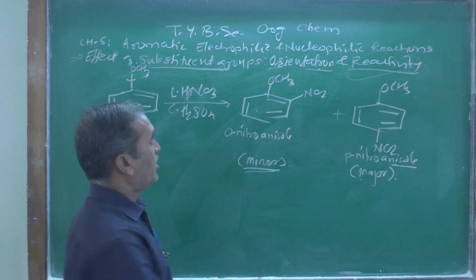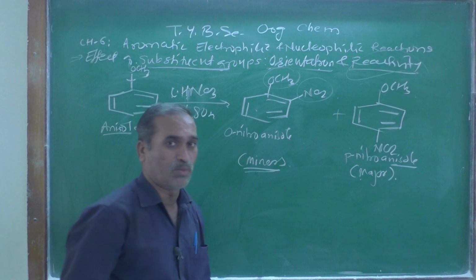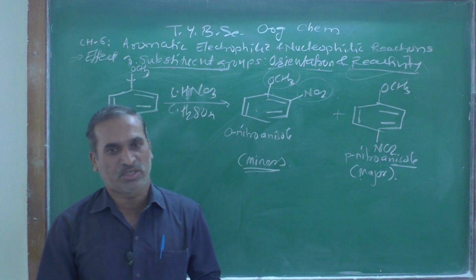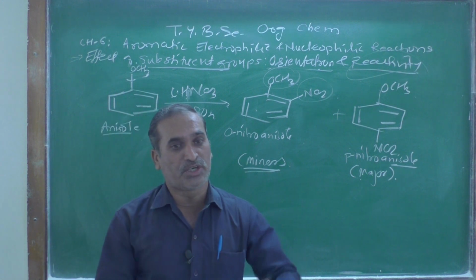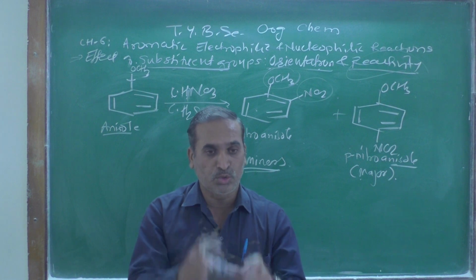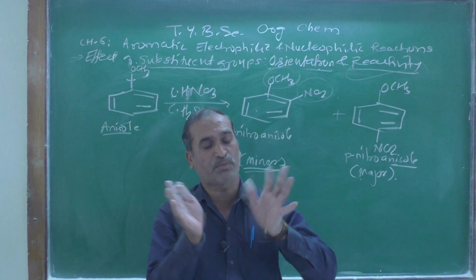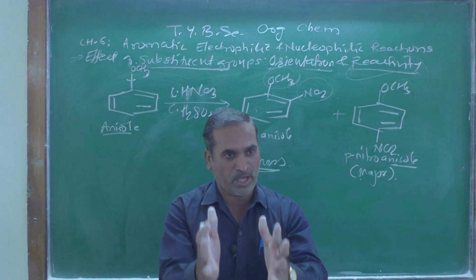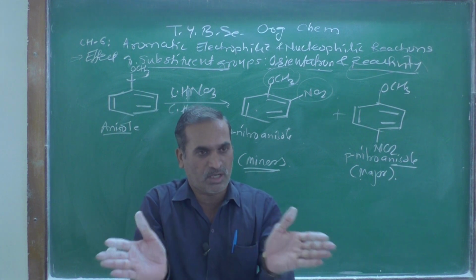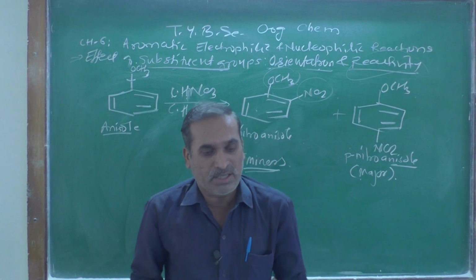Look here, this is a bulky group, and this is also a bulky group. If both bulky groups are near each other, there is steric hindrance, or what we can call steric interaction. They do not have sufficient space to accommodate the two groups, so they push and repel each other.